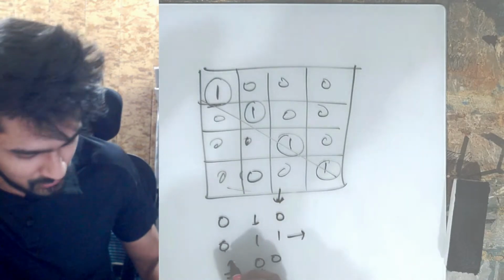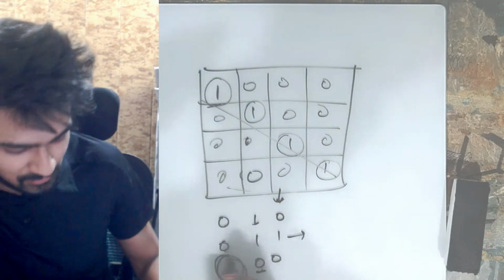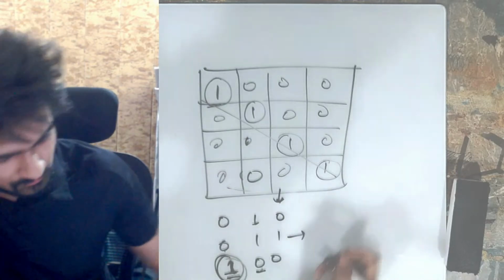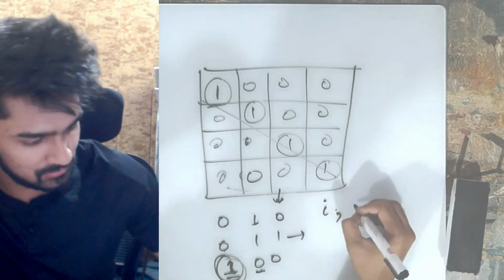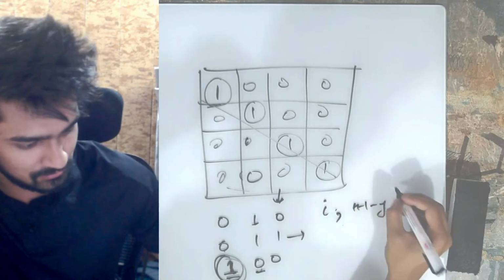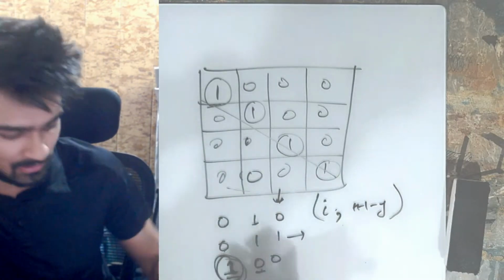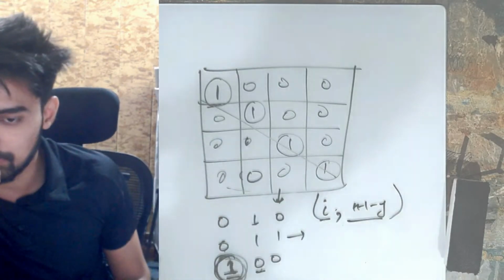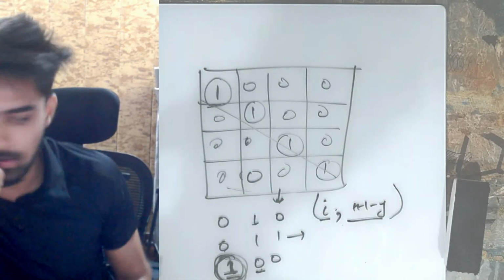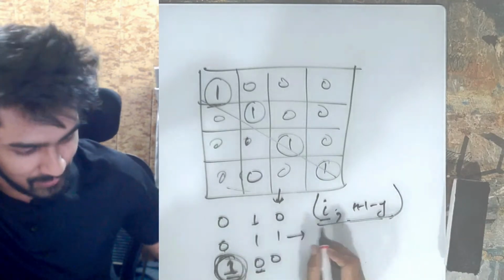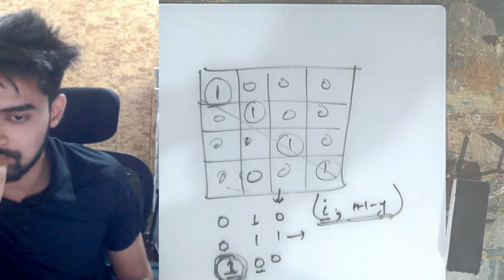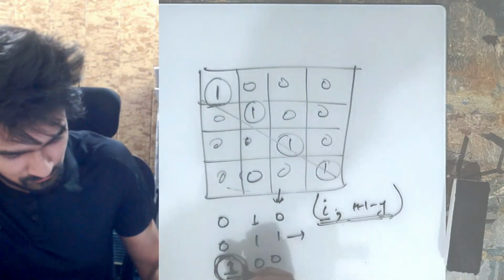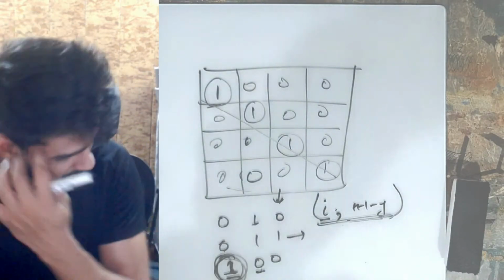Basically what you need to do is see which values are similar to this one, which is i comma n minus 1 minus j. We can identify this value as i comma n minus 1 comma j, and all the values that have the same value will all come on the diagonal. What I mean by this is, how do I explain this?